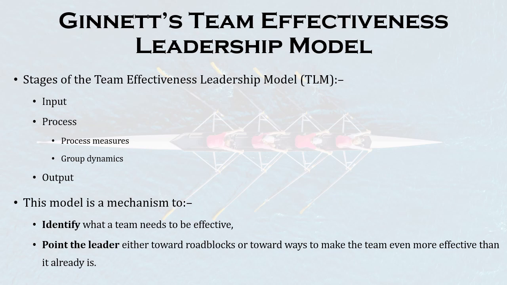It can be a product or a service. In the similar fashion, this theory also talks about these three stages. One is input, second one is process, and third one is output. Now, what are these input, process, and output? We'll see in the next slide.